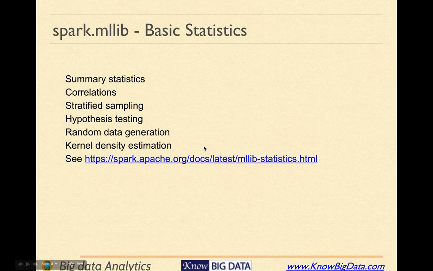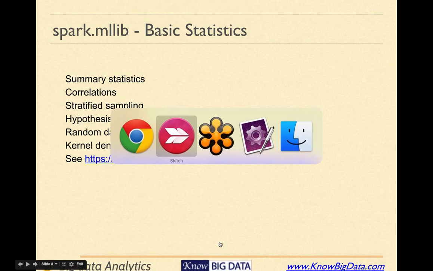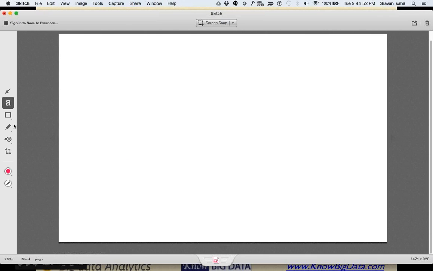Sometimes your data has a kernel. Imagine that your data is in the form of, let's say there is a lot of data like this, and then there is data here.